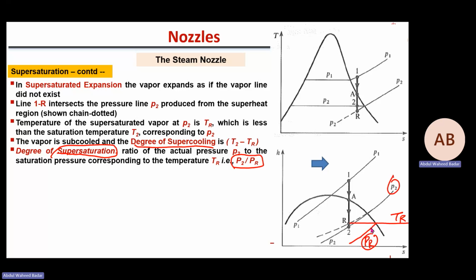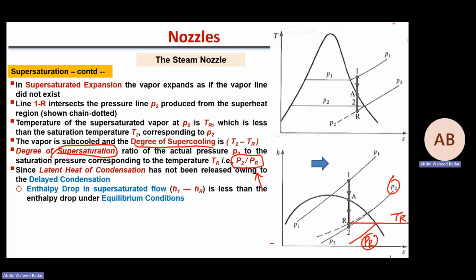So there are two terms: degree of supercooling and degree of supersaturation. One is subtracting and one is a ratio. Just to define this, they are using this PR concept. Nothing else. Okay, so that is clear.